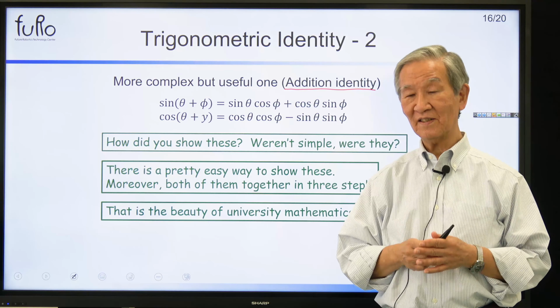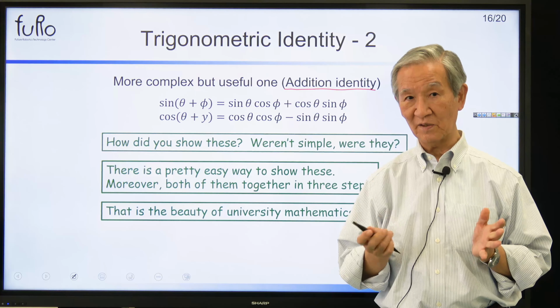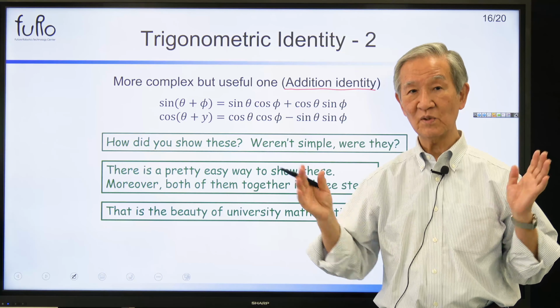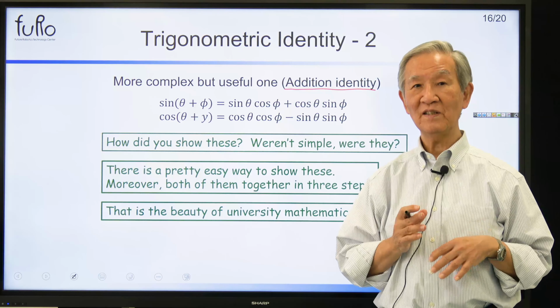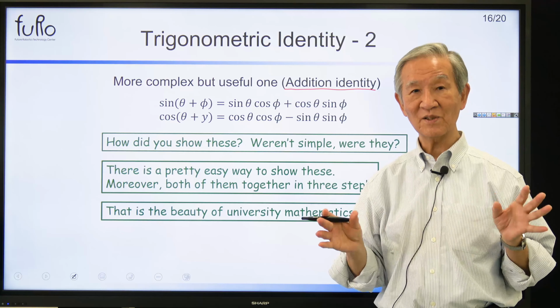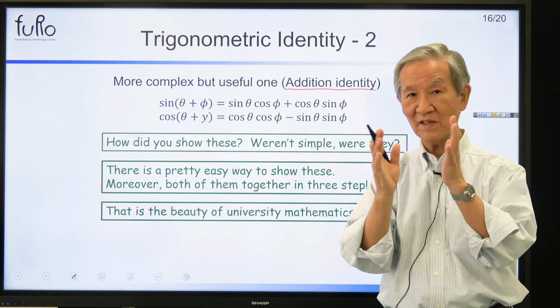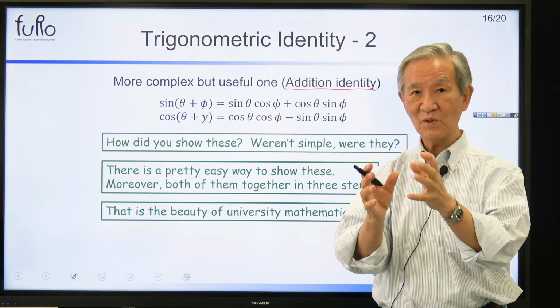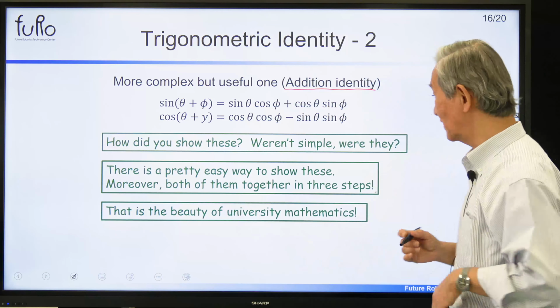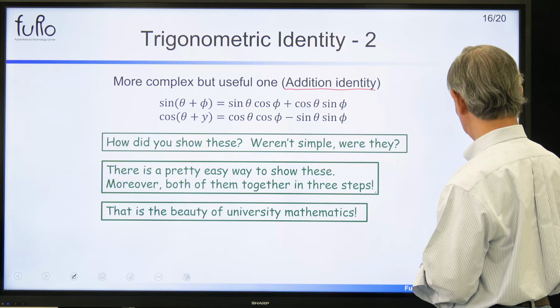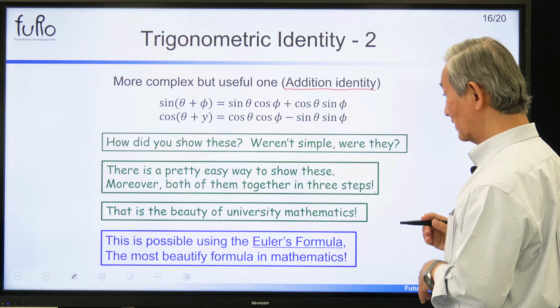If you learn mathematics at the university level, you will learn to unify many different things you have learned in high school separately. So what you see is that there's unification. So if you use one, you can show many different things. That's the beauty of university mathematics.